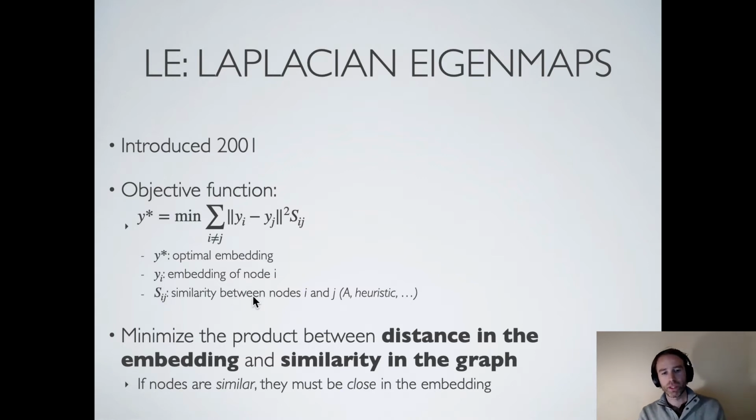A similarity matrix means that I want a high value if two nodes are similar, and a low value if they are dissimilar. For instance, a basic similarity matrix can be the adjacency matrix: you have a 1 if two nodes are connected, and a 0 if they are not.